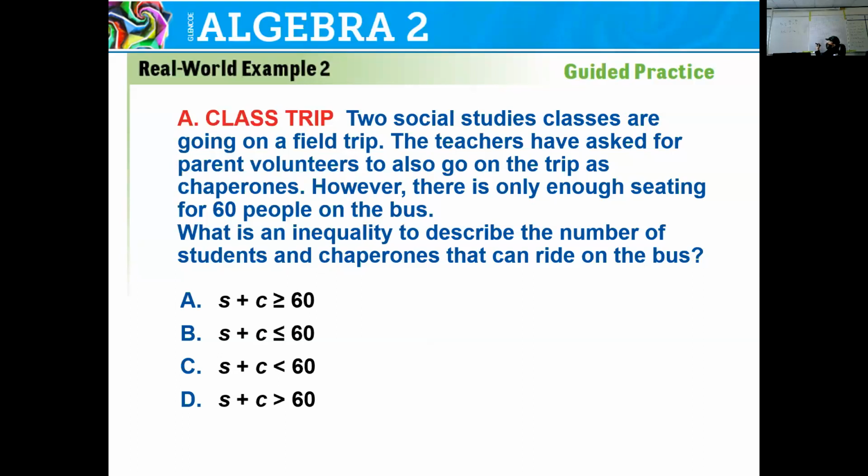We have a max capacity, but we're looking for the inequality that states S plus C is less than or equal to 60, which corresponds to letter B. Whenever they give it to you in a word problem like this, we assign our variables. Since it's and, we add, and then we just need to be less than or equal to 60.